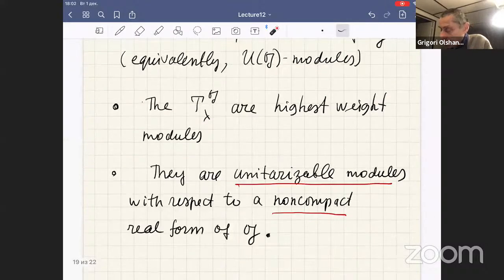And what is also interesting is that these infinite dimensional modules are unitary or unitarizable, one can say, but with respect not to a compact form, but to a certain non-compact real form of G, which just corresponds to the fact that they are infinite dimensional.